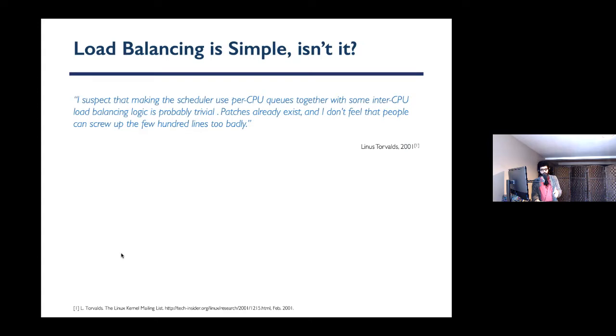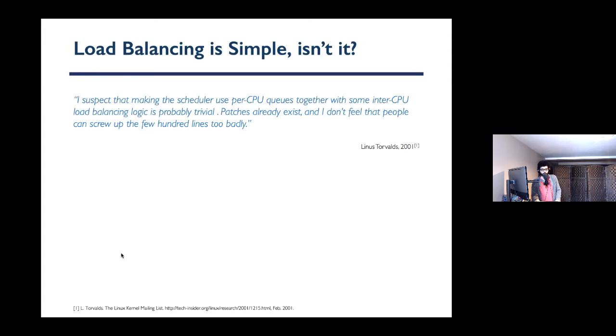He said this at the beginning of the multiprocessor era, where we started going from systems with a single processor to systems with multiple processors. He said, "I suspect that making the scheduler use per-CPU queues together with some inter-CPU load balancing logic is probably trivial. Perhaps it already exists.